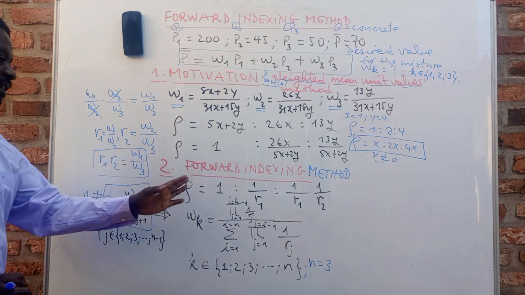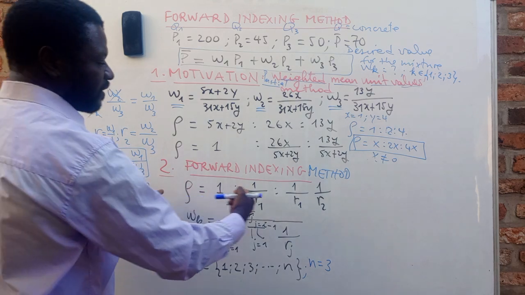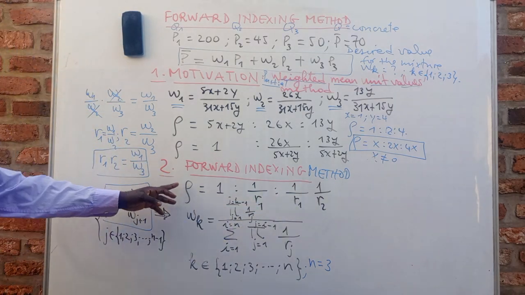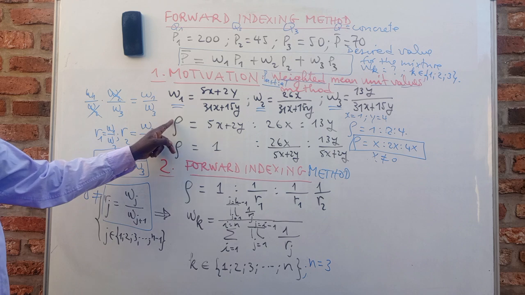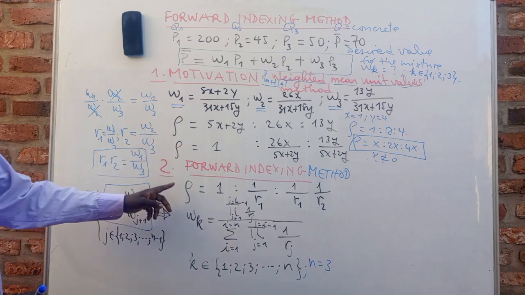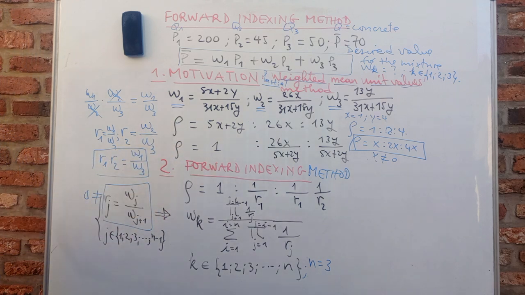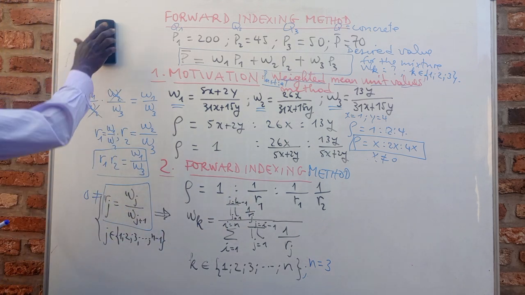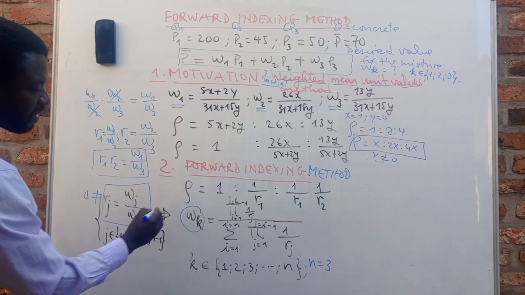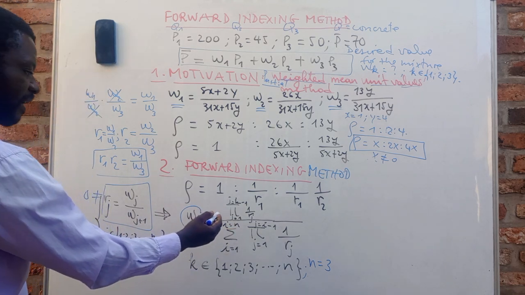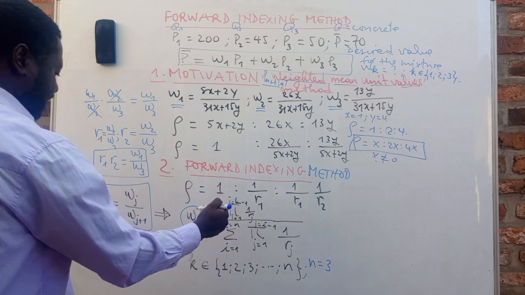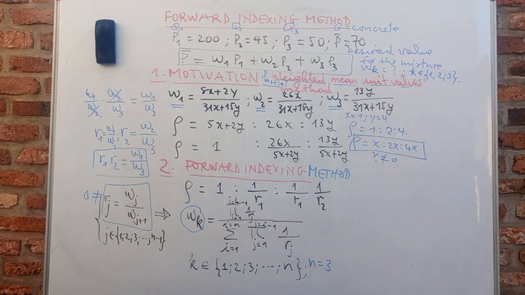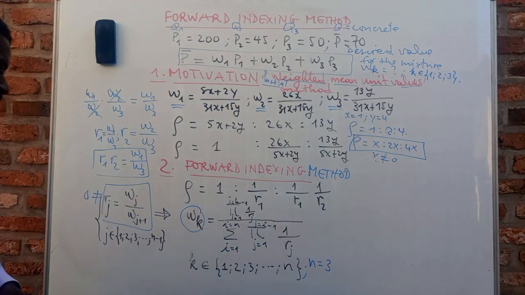These two ratios are enough to find the overall continued ratio, which can take either this form or that form, and in terms of the ratios we have this expression. As we said, the weights can be expressed in terms of the ratios, in this case with index n equal to 3.